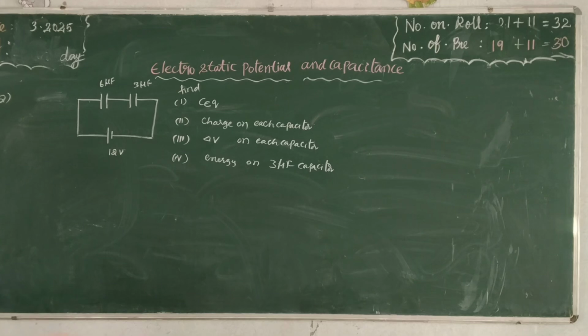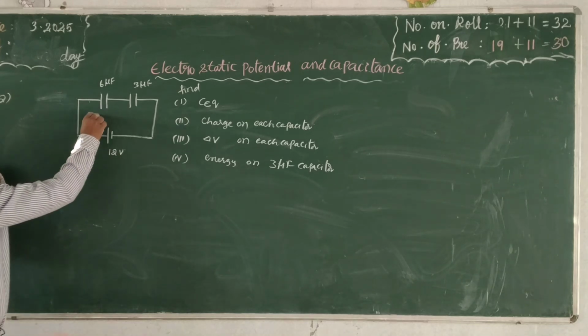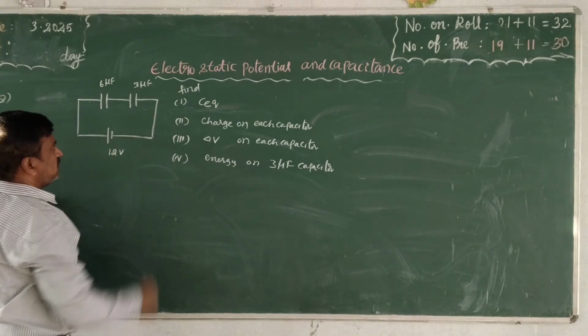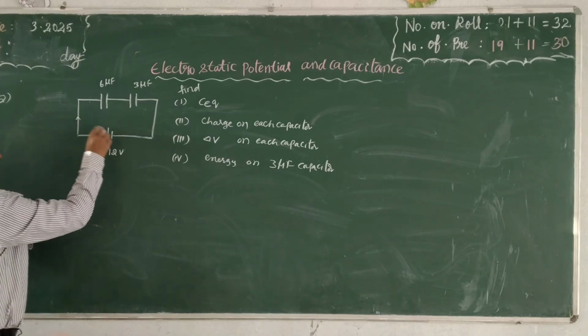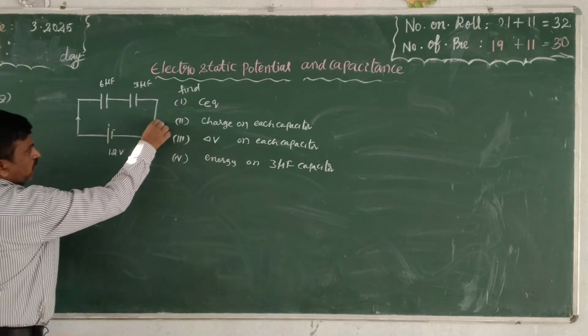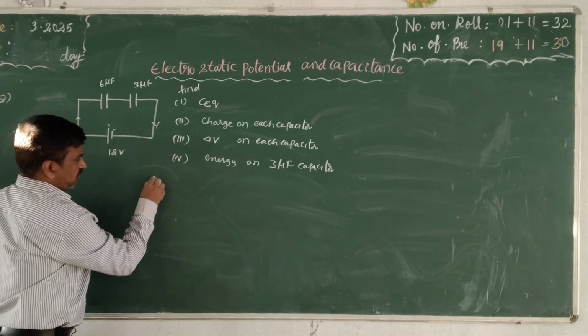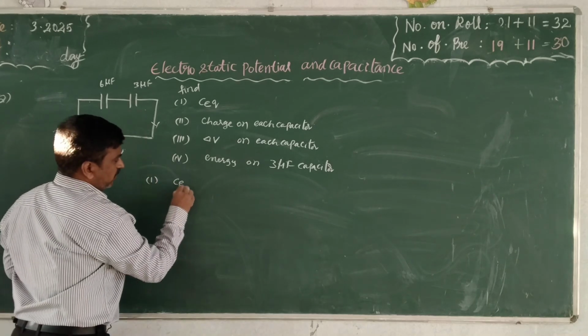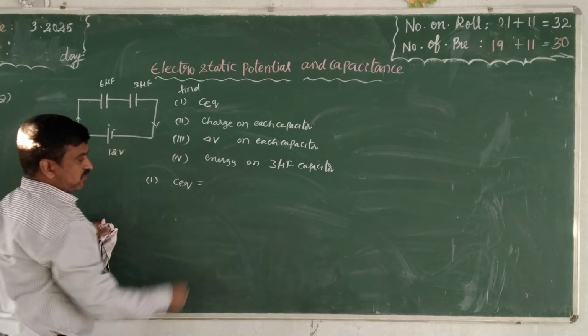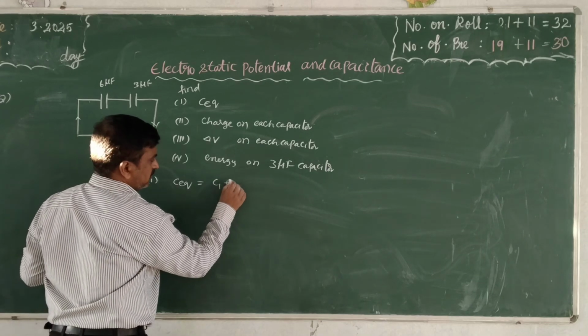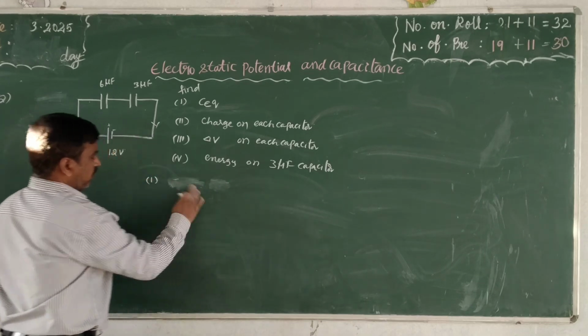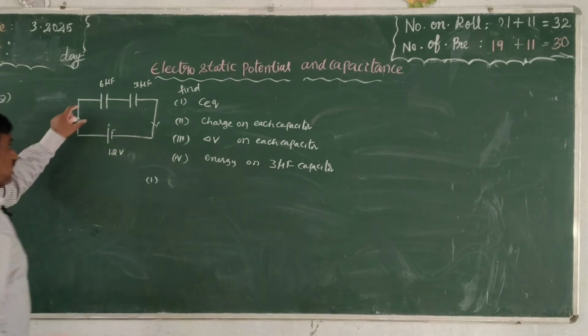See here, first we want to find C equivalent. It is 6 microfarads and 3 microfarads. Current is moving from positive to negative. These are connected in series.